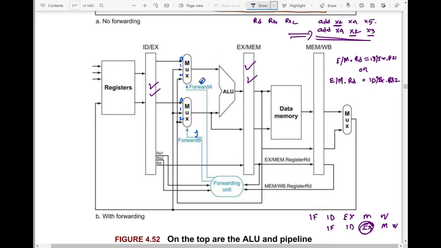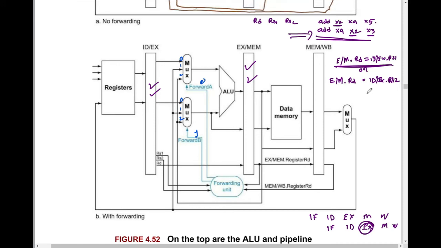Forward A should be 0 in that case. In the first case forward A should be 0, and in the second case forward A should be 1 here, and in the second case forward A should be 2, and forward B should be 2. It is very simple.